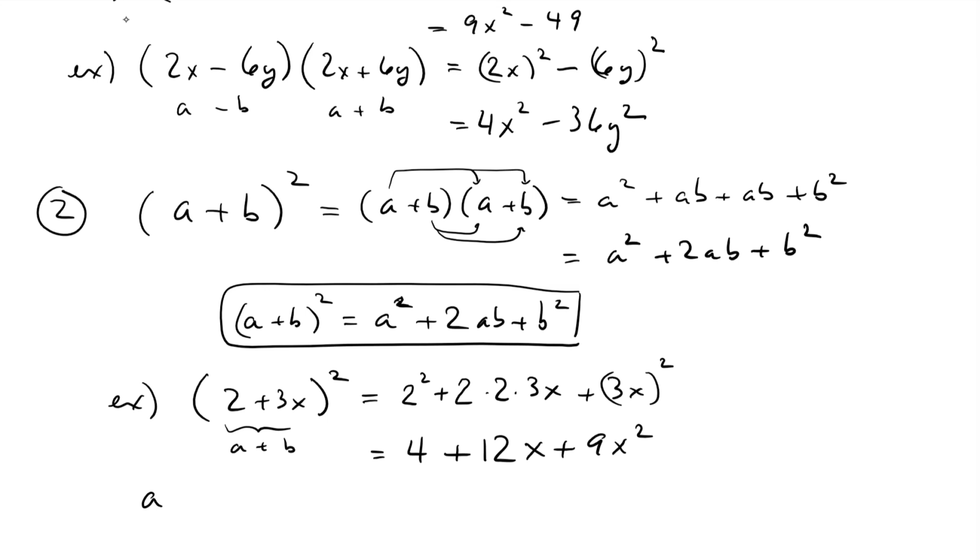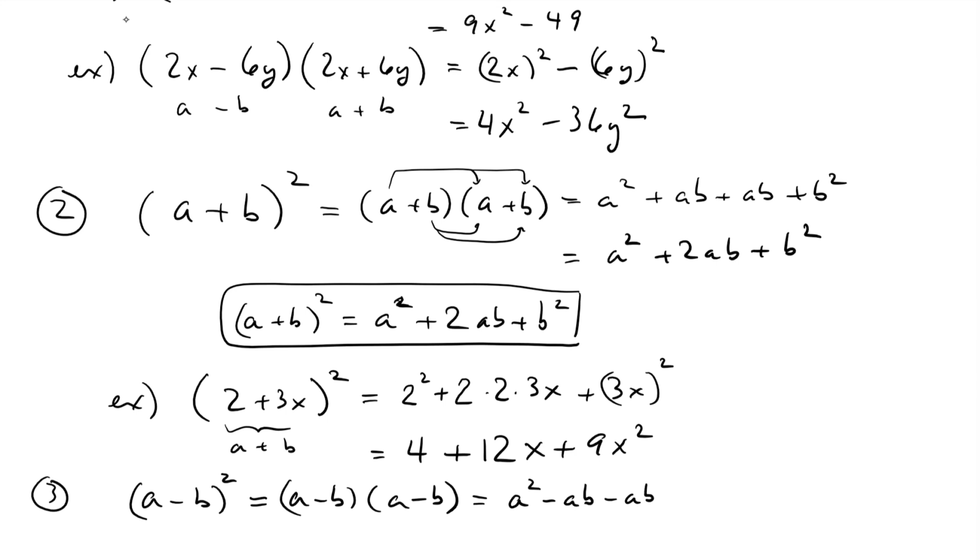If I have a minus b squared, well, that's a minus b times a minus b. We call that formula 3, but it looks a lot like formula number 2. So it's going to be a times a, a squared, a times minus b, minus ab, minus b times a, minus ab, minus b times minus b, plus b squared.